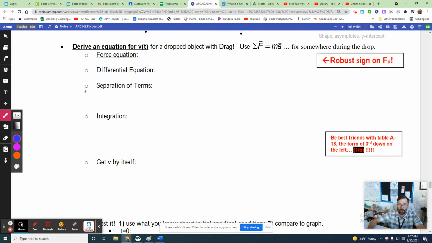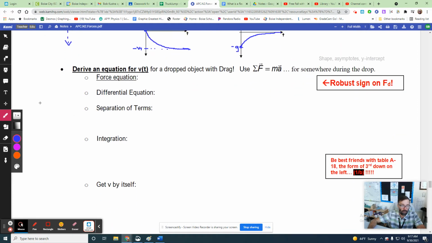So our force equation. Let's do a free body diagram real quick here again. We already made one, but so anywhere along here. So at some point in the drop, our mass will have a constant weight. And if it's at some speed or velocity downwards, it will have some amount of drag, force of drag.